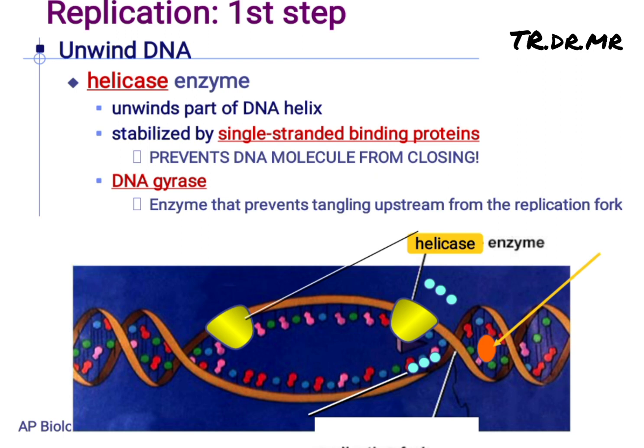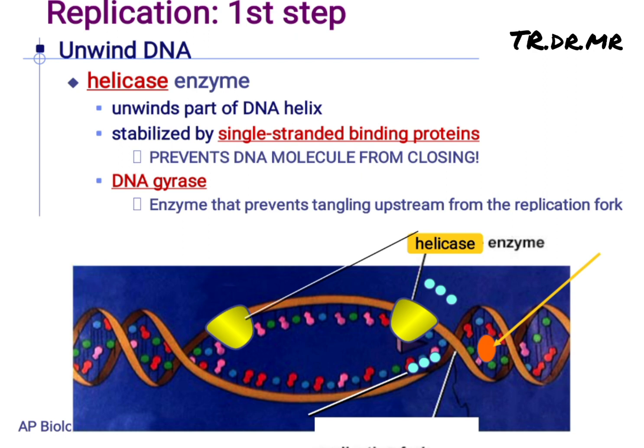Then we have another enzyme, DNA gyase, which is sometimes known as topoisomerase. The topoisomerase enzyme is very important in preventing supercoiling upstream.